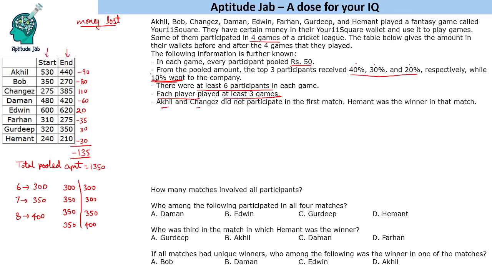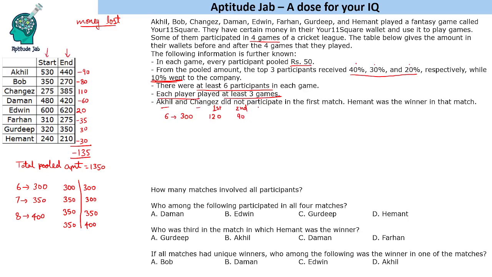Now, another thing that we need to understand is how much a person can gain or lose in a match. So if there are 6 participants, the total pooled amount is 300. The first place gets 40%, that is 120. The second person gets 30%, which is 90.